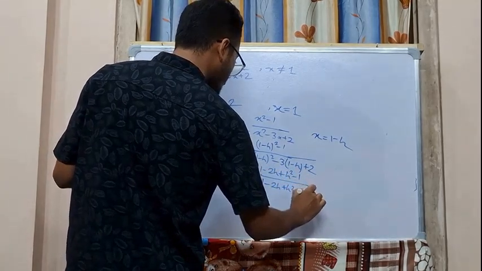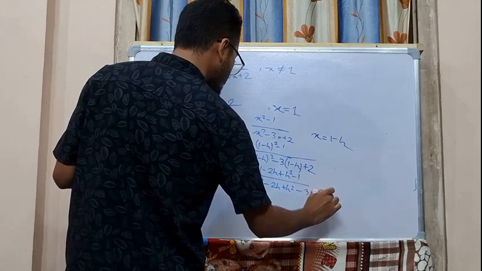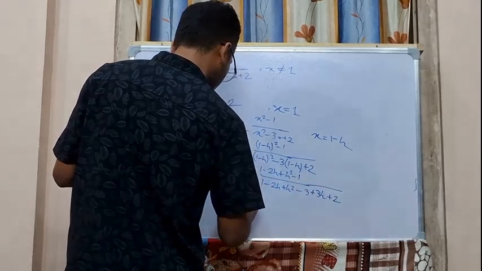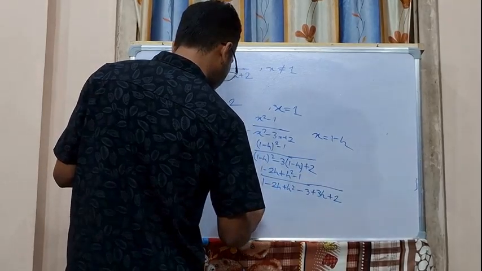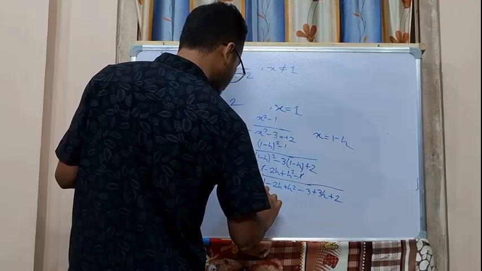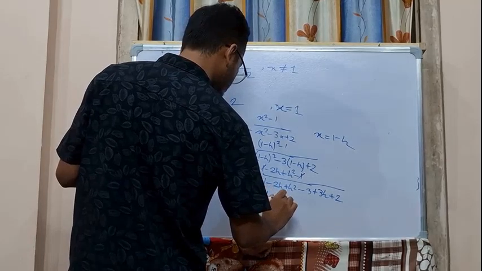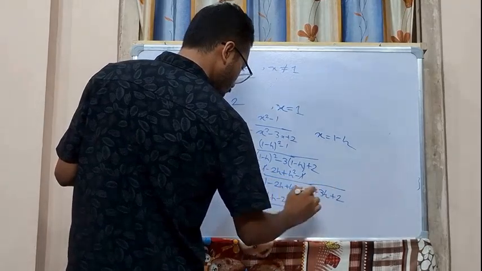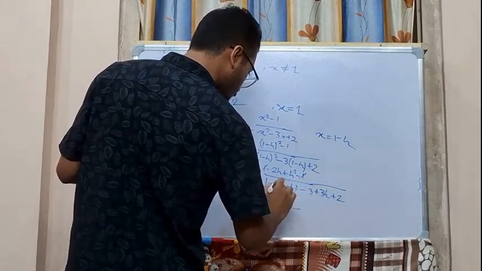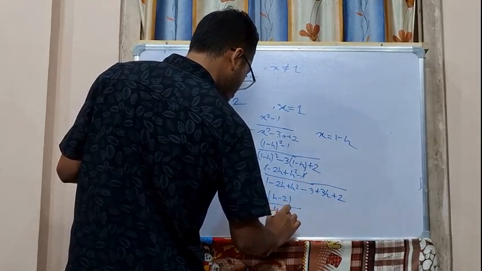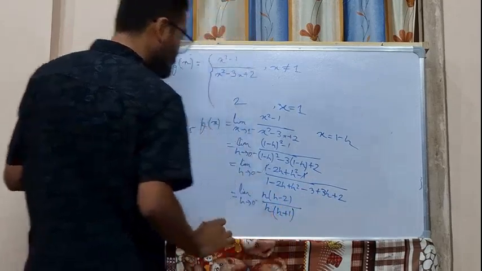minus 3 plus 3h plus 2, is equal to limit h tends to 0 minus, 1 minus 1 cancels, h into (h minus 2), 3 cancels, plus 2h plus h square... so h into (h minus 2) divided by h into (h plus 1).